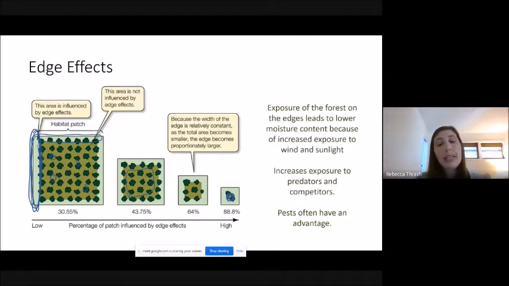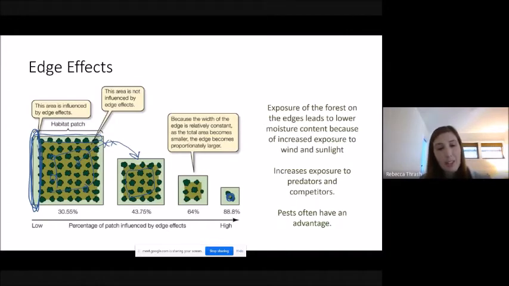This also increases the exposure of animals that live within these patches to predators and competitors. So imagine if you had, say, songbirds, like in the last example, trying to move over here to this smaller patch. Within that movement, they are now exposed, which could lead to increased predation and a decrease in their population.